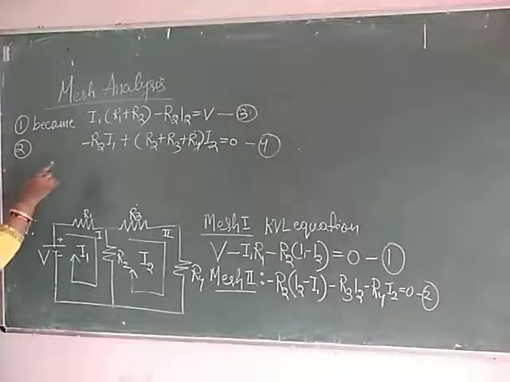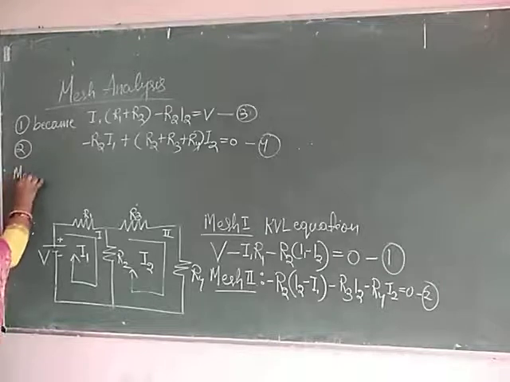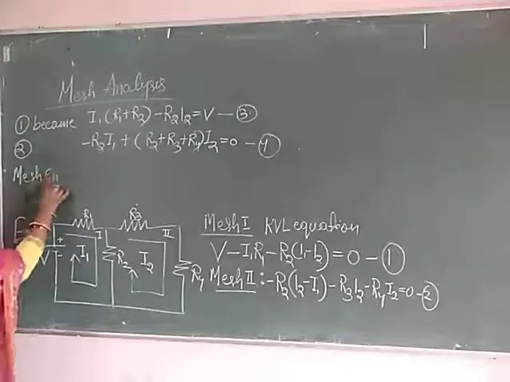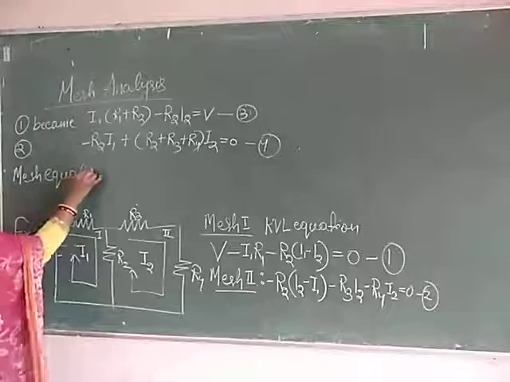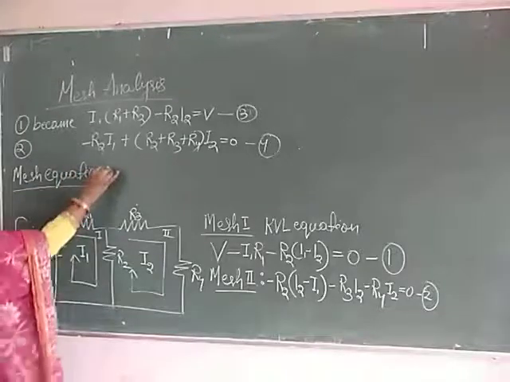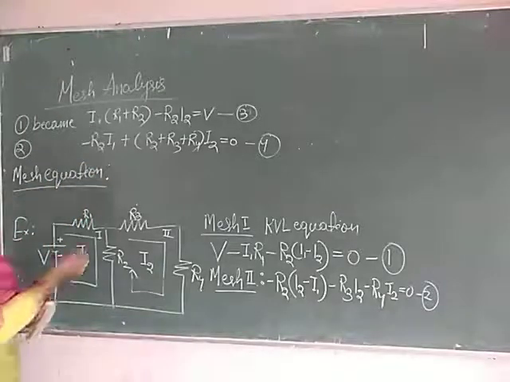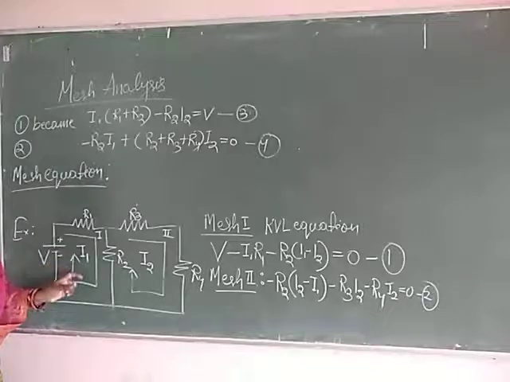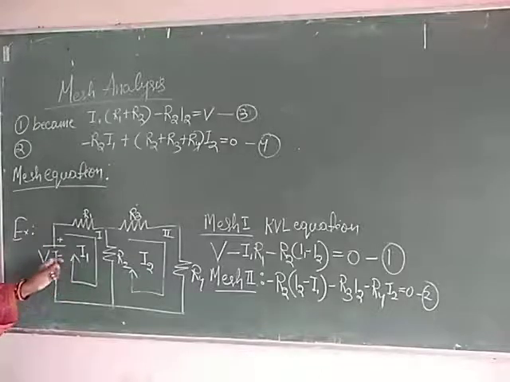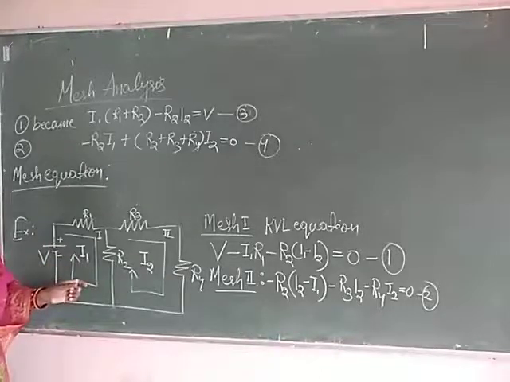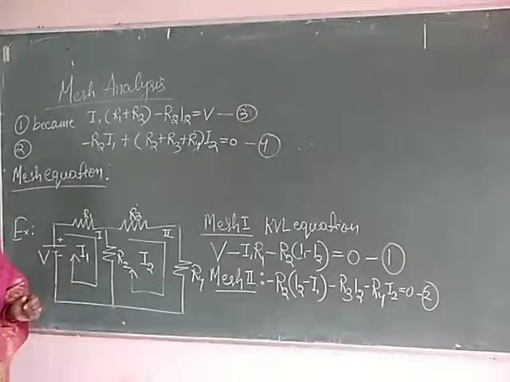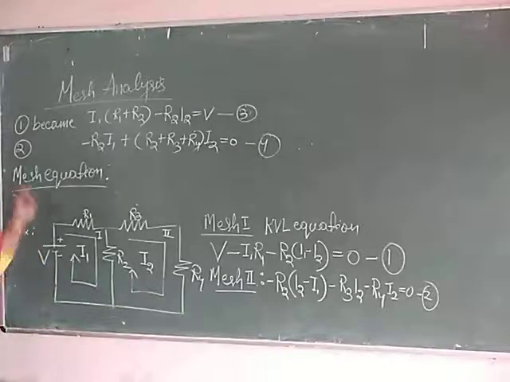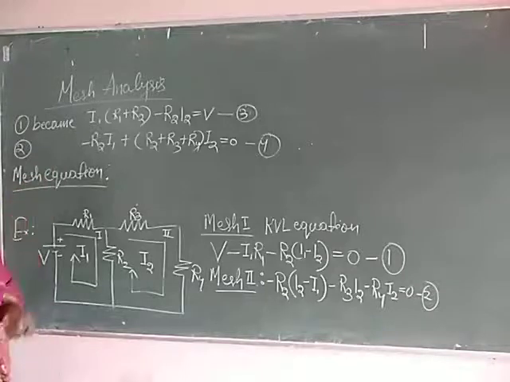Here, if you compare these equations 3 and 4 with the base equation in matrix form, it is a 2 cross 2 matrix. Why do I say 2 cross 2 matrix? Here you see, in this example circuit, you get 2 mesh equations with 2 unknowns. Hence, you compare equations 3 and 4 with the 2 cross 2 matrix.